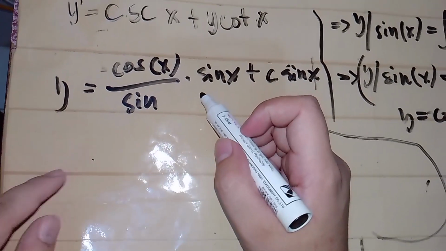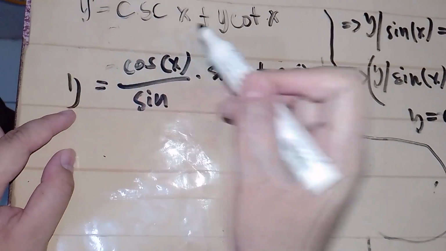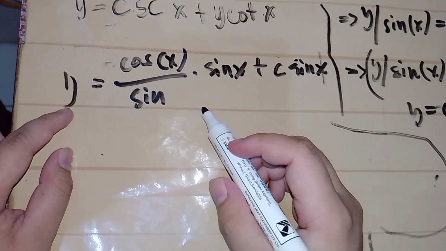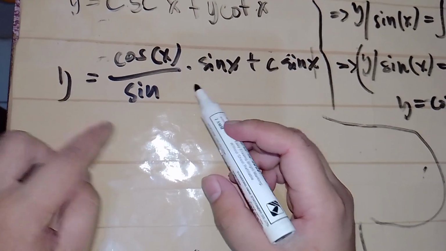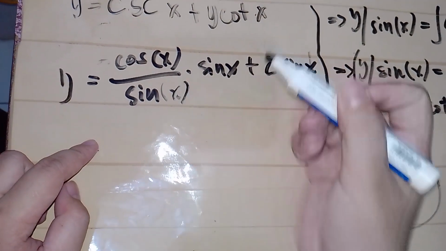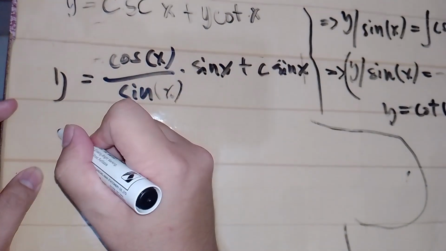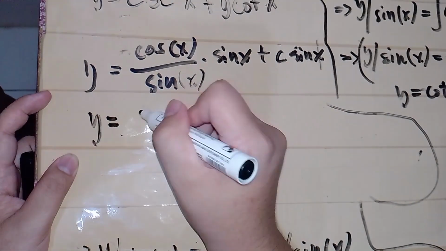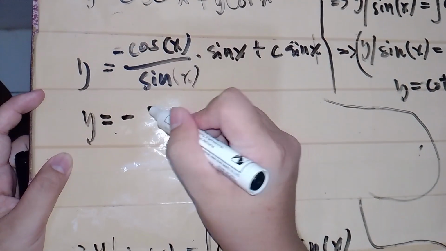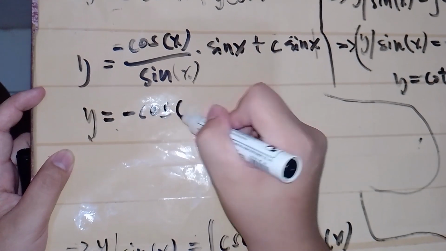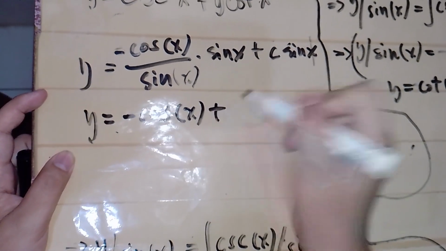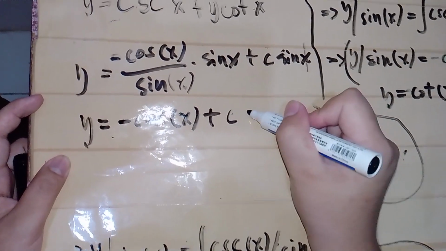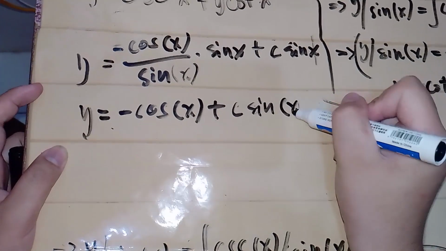Now, using multiplication, the cosine x over sine x times sine x is simply negative cosine x plus c sine x.